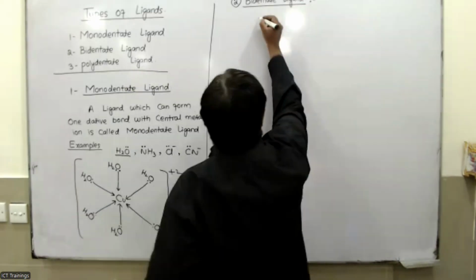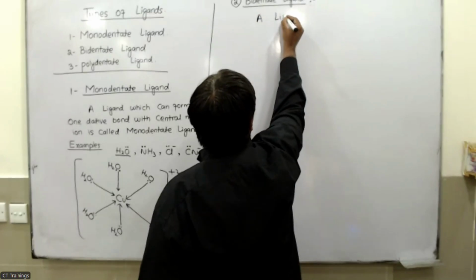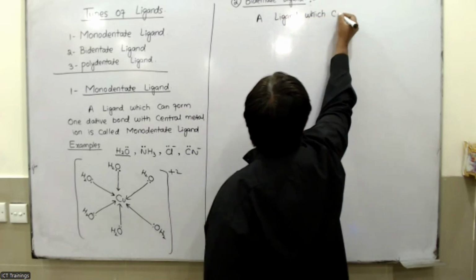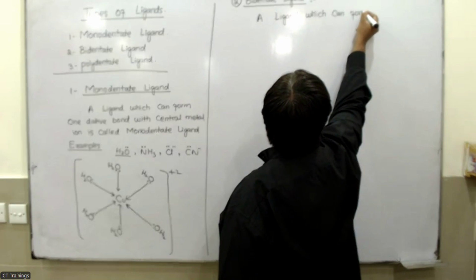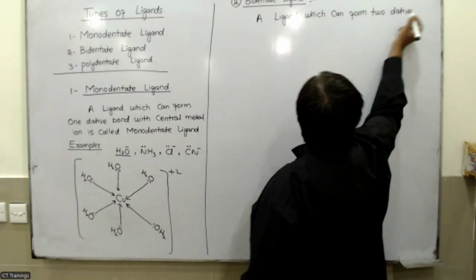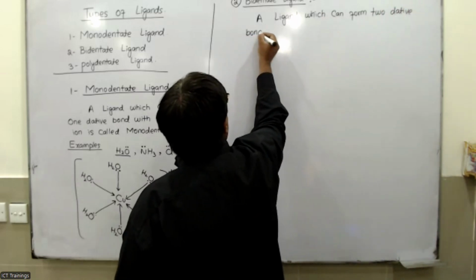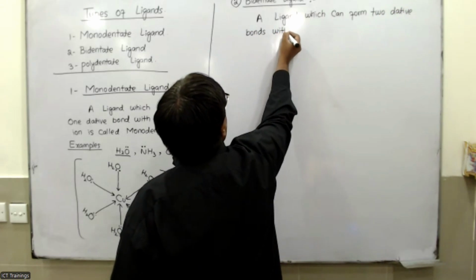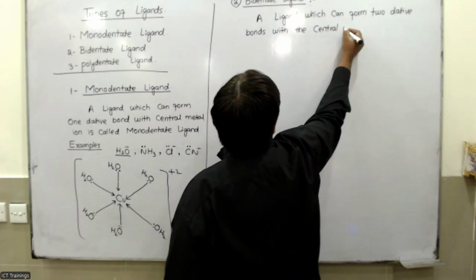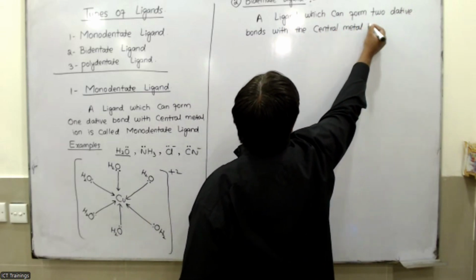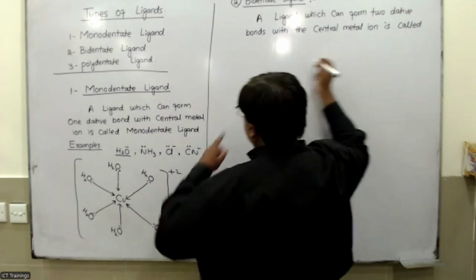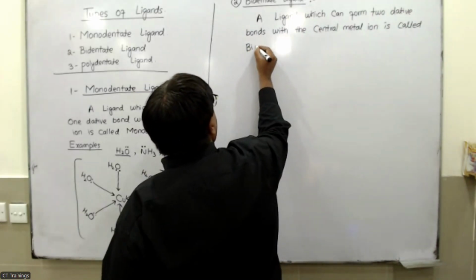So a ligand which can form two dative bonds with the central metal ion is called a bidentate ligand.